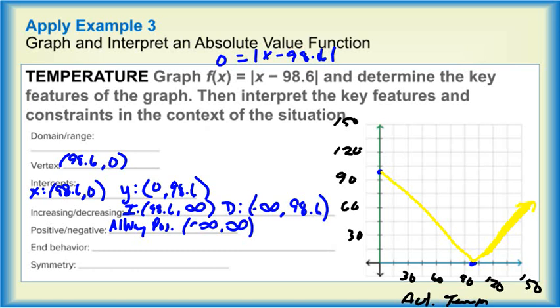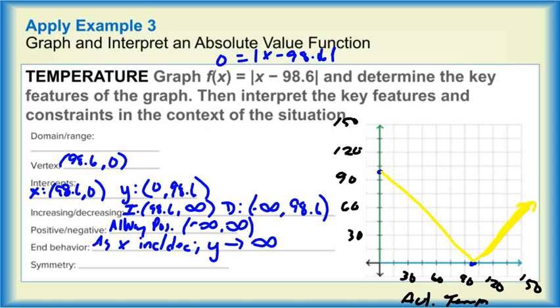The end behavior you're going to have: as x increases or decreases, your y is going to approach positive infinity. It's always going to increase.